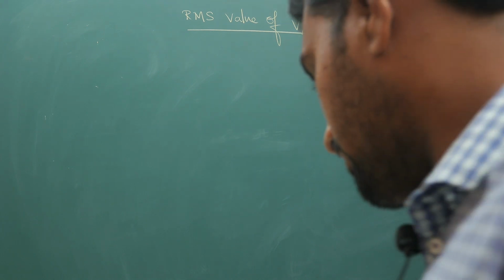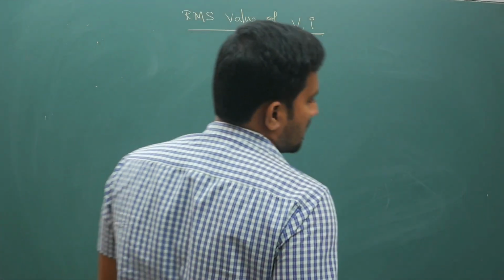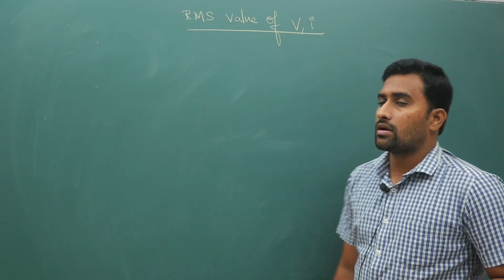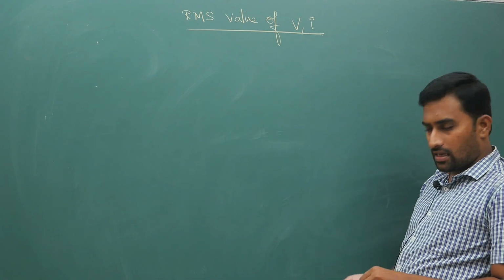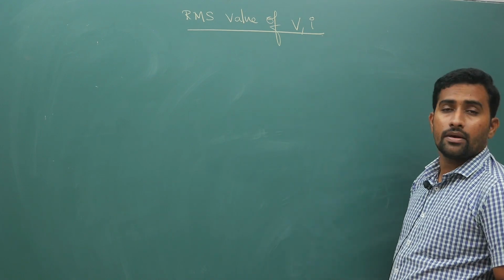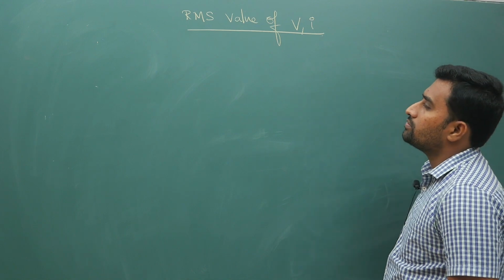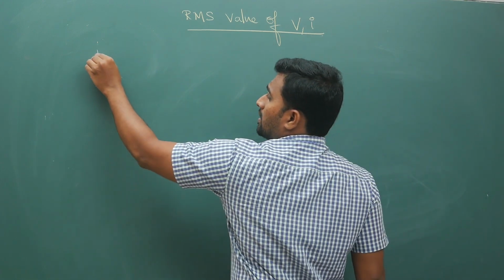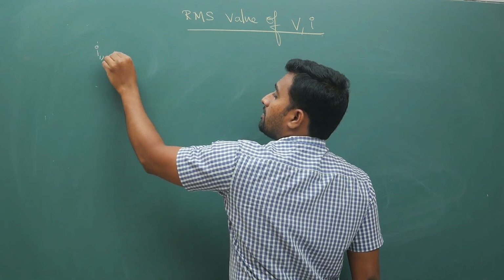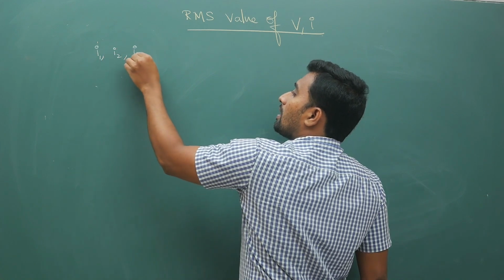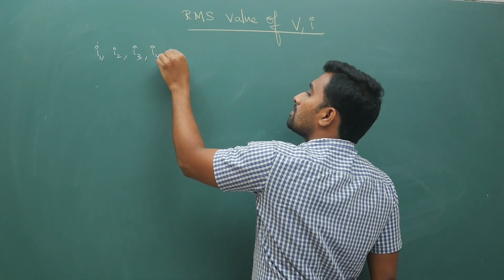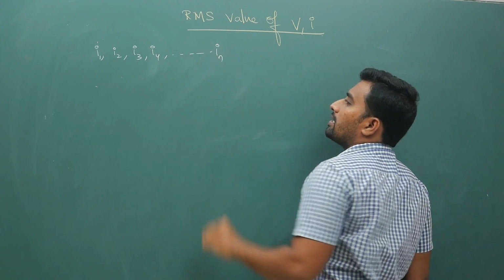Now if you look at the RMS value of V and I, let us say you are given some currents I1, I2, I3, I4, and so on up to IN.